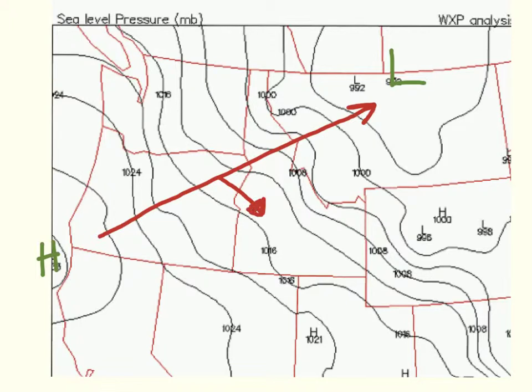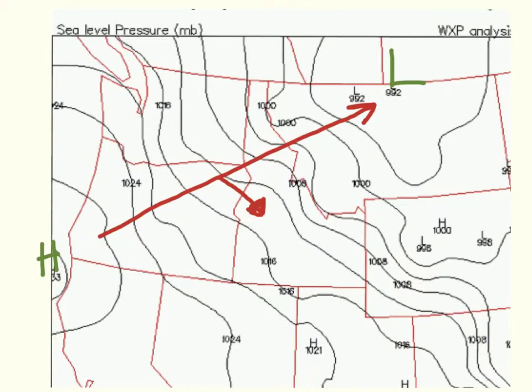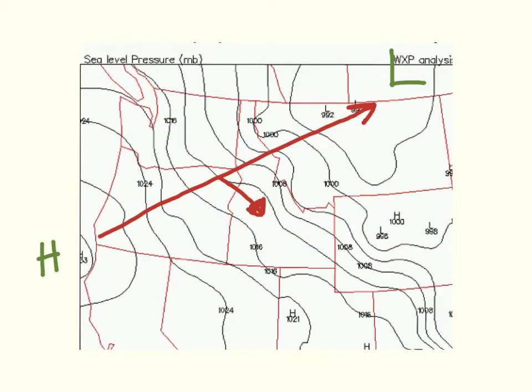perpendicular to that flow. However, what ends up happening near the surface is that we have friction at the surface. So friction has the effect of reducing the influence of the Coriolis force, and what ends up happening is that the flow actually will cross the isobars.